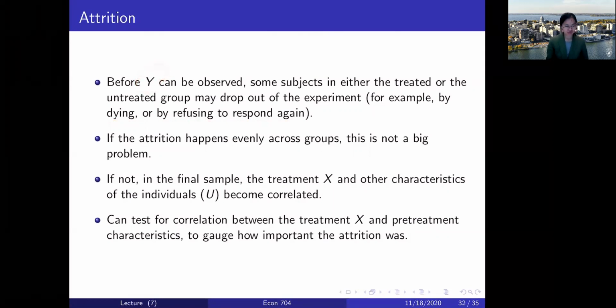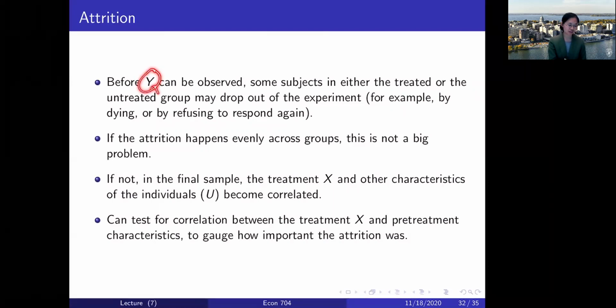So say you had a random sample of 1,000 people, you administer your experiment to 500 of them, 500 randomly selected of them. Now you give them the treatment and the placebo, then you wait 5 months to then you go to interview them to record their outcome.